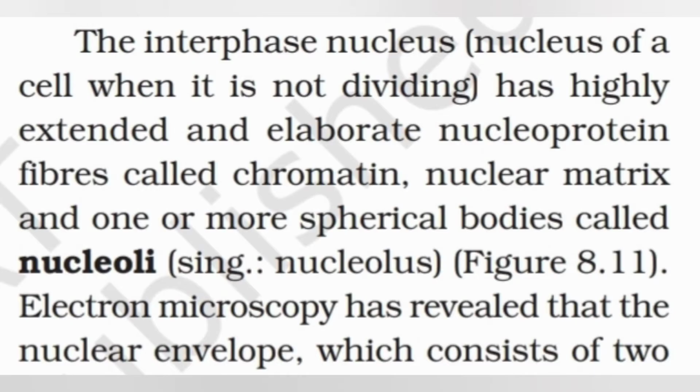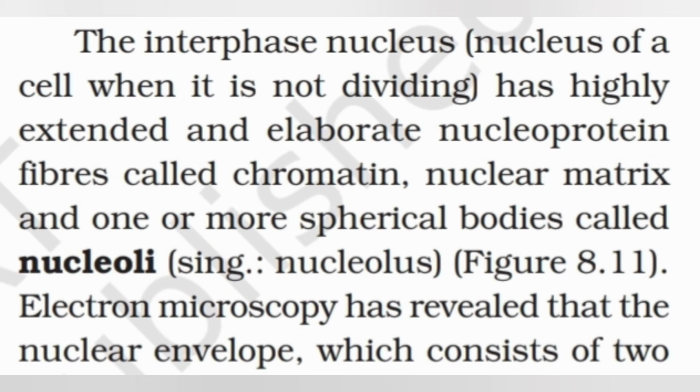The interphase nucleus, that is the nucleus of a cell when it is not dividing, when it is at rest, is known as the interphase nucleus. It has highly extended and elaborate nucleoprotein fibers called chromatin. When the cell is not dividing, all the genetic material inside remains in the form of chromatin. Then the nuclear matrix and one or more spherical bodies known as nucleoli.